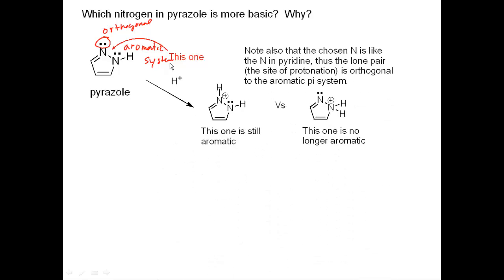Think about the protonation products, okay? When you add a proton to this nitrogen right here, this is what you get. And this one is still aromatic. If you count the lone pair, it's 2 from the pi bond there, 2 from the pi bond. This one has 6 pi electrons. This one is no longer aromatic. There is an interruption in the conjugation.